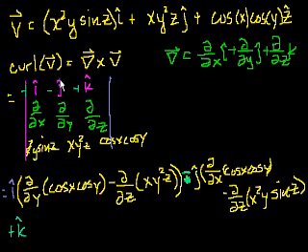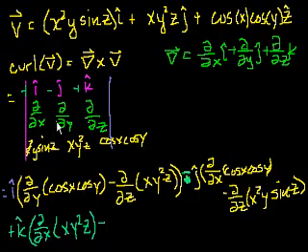times the determinant of its submatrix. So the partial with respect to x of this, partial with respect to x of cosine x. Oh no, sorry. We take out its row and column. So x y squared z minus the partial with respect to y of this.